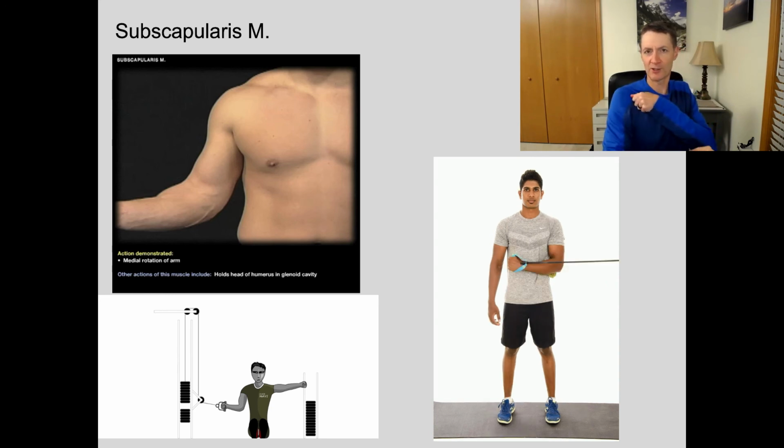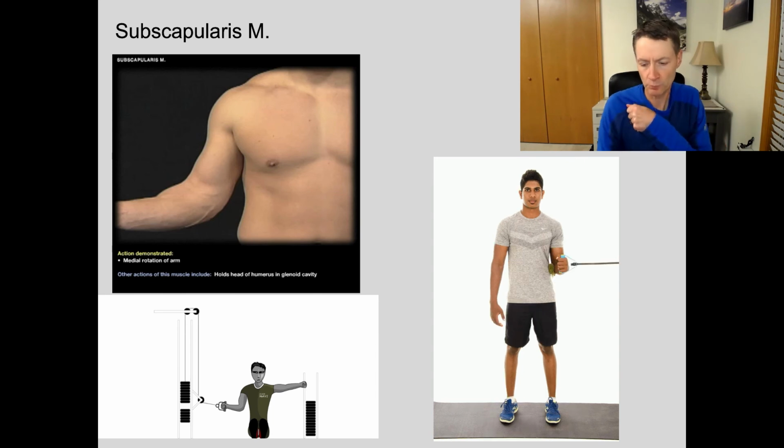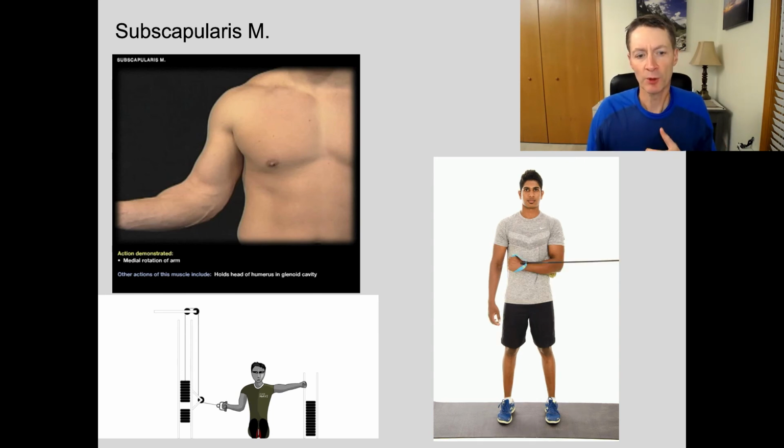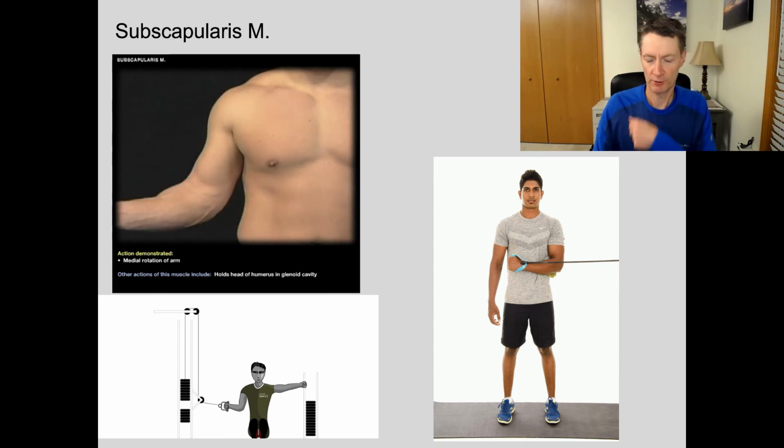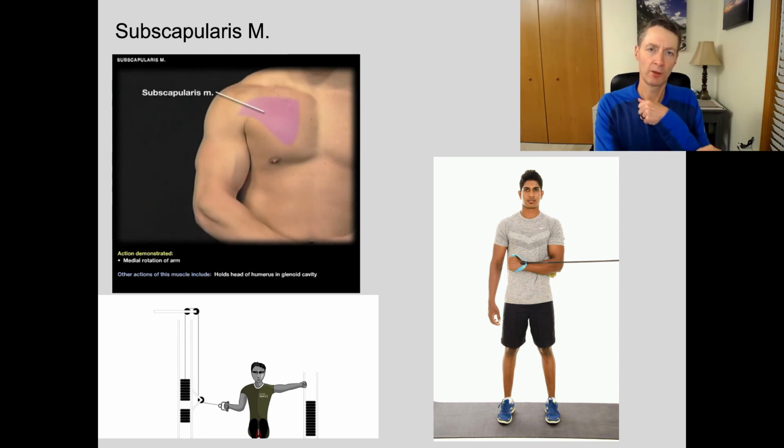It's going to be that lesser tubercle, actually, if you're trying to remember the name, okay? This motion can be called rotation, because it's rotating in place, but it's also going to be called internal rotation, okay? It's going to come internally and medially.